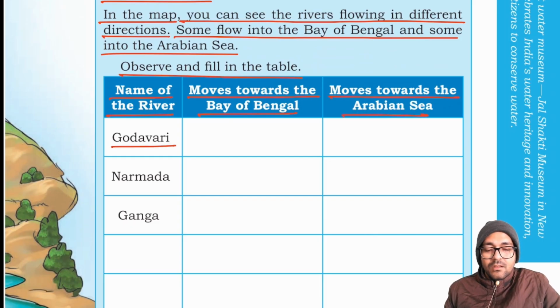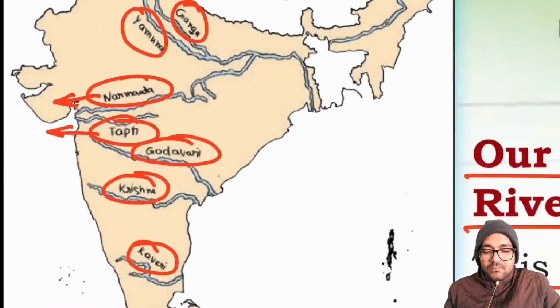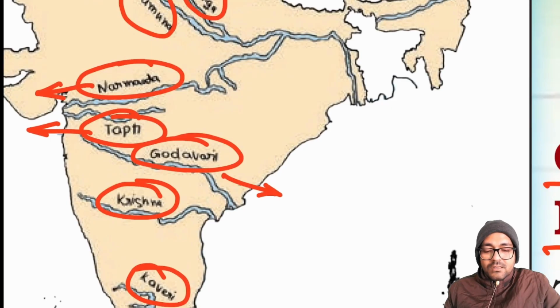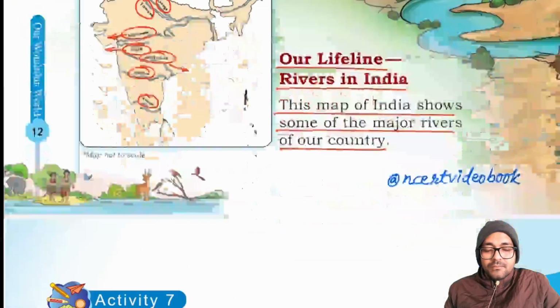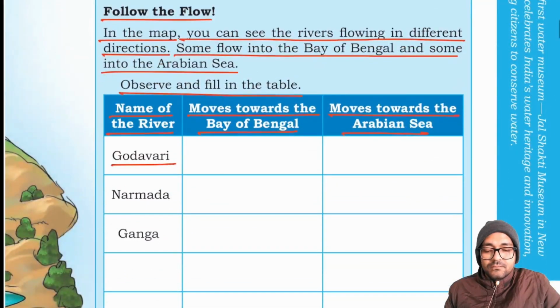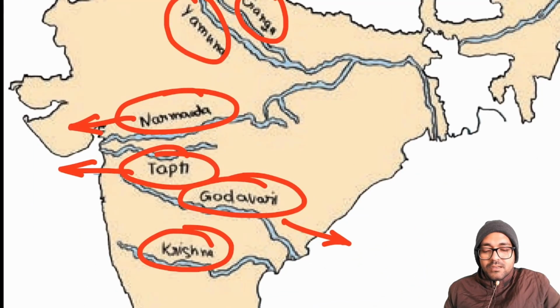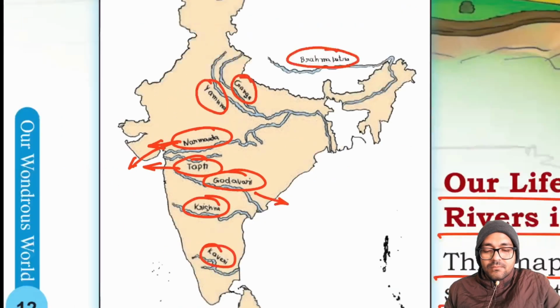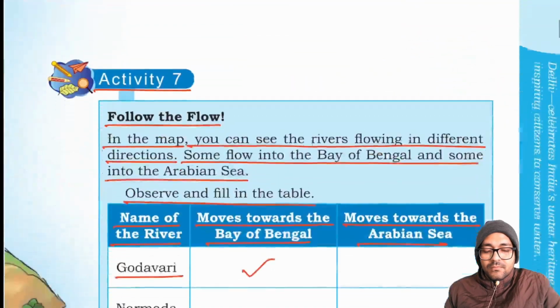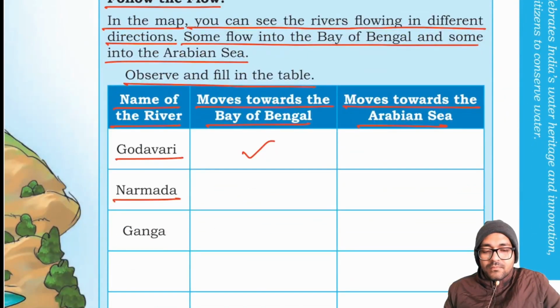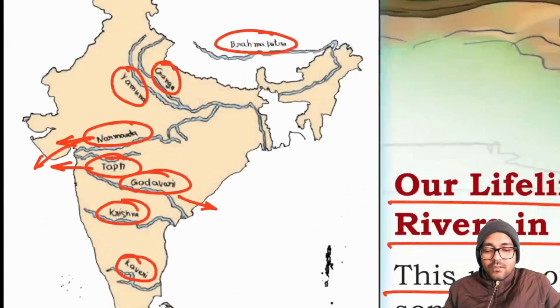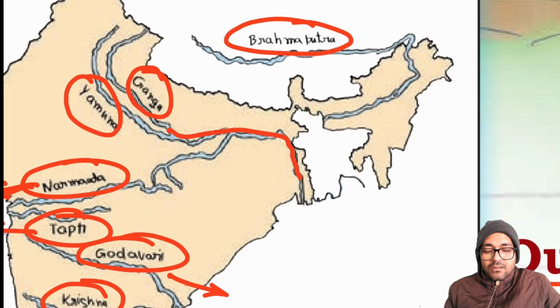Godavari, you can see here, drains into the Bay of Bengal. Narmada drains into the Arabian Sea. Ganga, you can see here, drains into the Bay of Bengal.